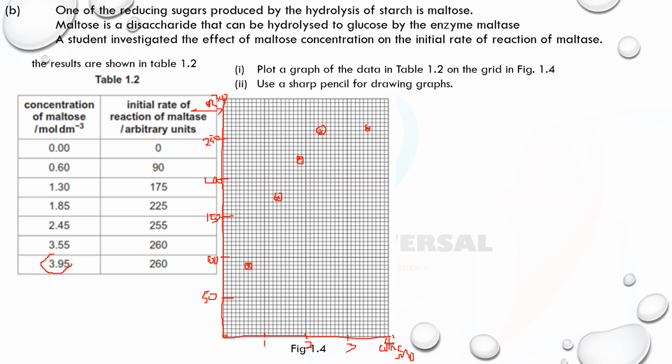Then we have 3.95 and 260 again, somewhere here. So you can see that the graph is beginning to level off.